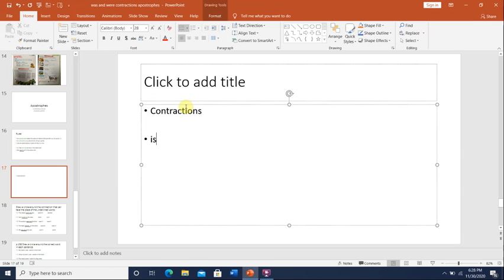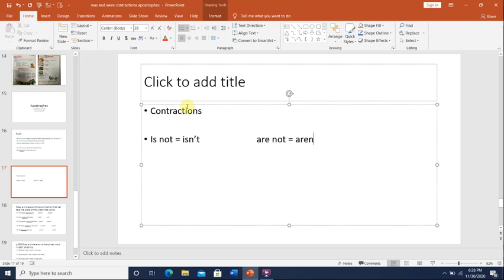We took is and not, and we joined it by putting the N next to it, and we add the apostrophe. So is not becomes isn't. Are and not becomes aren't.